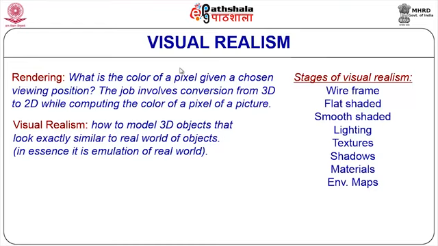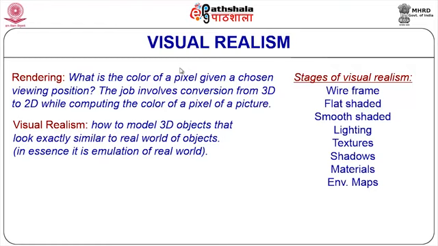realism. The stages of visual realism, as you can see, begin with the wireframe model. First we form a wireframe model of an object, which is the skeletal version of the object, then the flat shaded version, and the smooth shaded version. Then we proceed to lighting, so we can add lighting to the 3D scene that we have created.